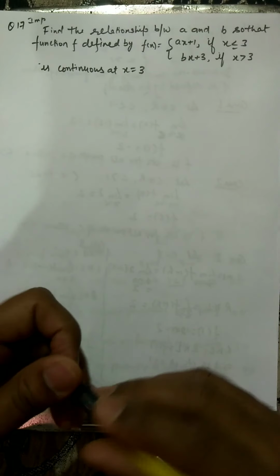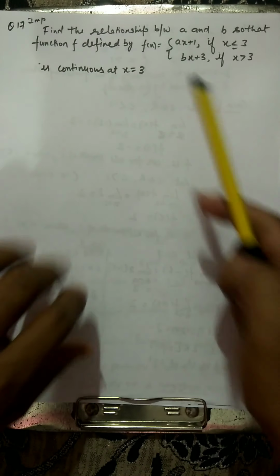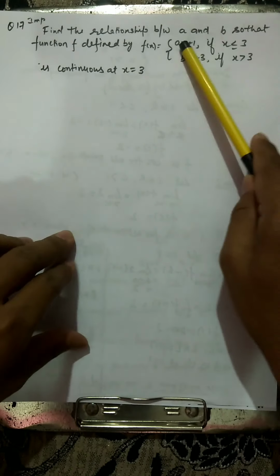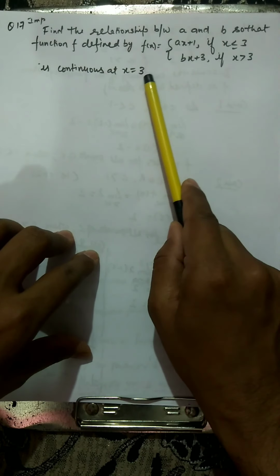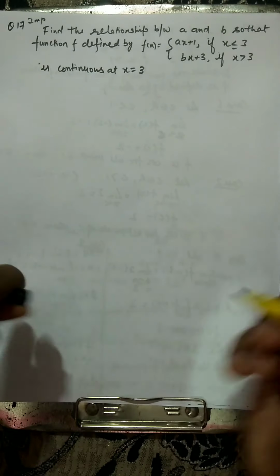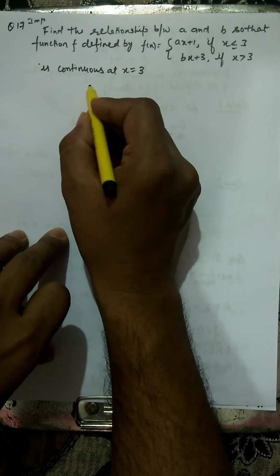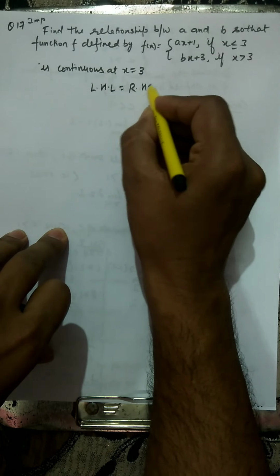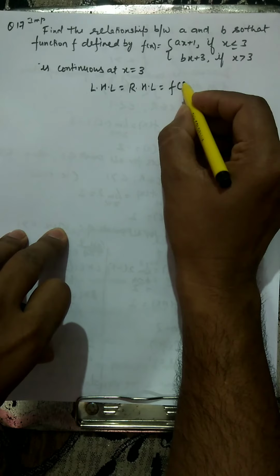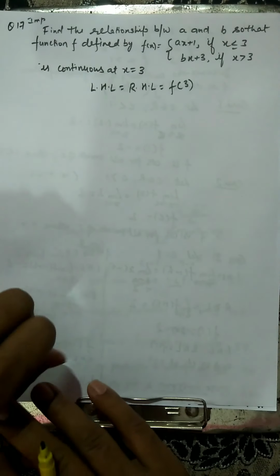Now come to question number 17. This is a most important question, and it was asked in the CBSE exams also. Find the relationship between a and b so that the function f(x) is continuous at x equal to 3. When I say the function is continuous at x equal to 3, it means that left hand limit equals right hand limit equals the function's value at the point 3.